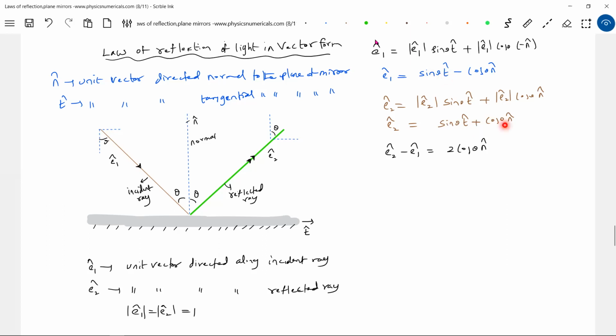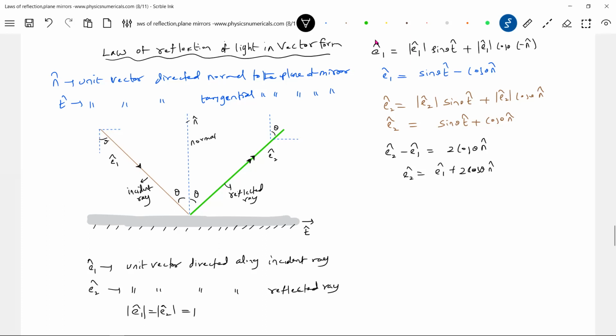Cos theta N cap minus minus cos theta N cap will be 2 cos theta N cap. 2 cos theta is the magnitude, N cap is the direction. So further simplifying, E2 cap equals E1 cap plus 2 cos theta N cap.